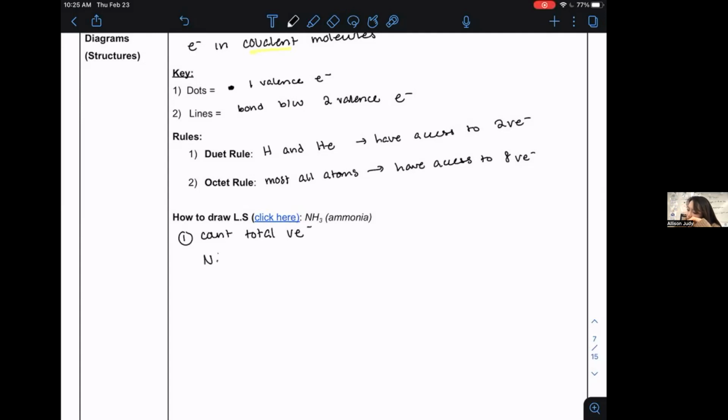So nitrogen starts with 5 valence electrons, and I have 3 hydrogens, which tells me that each hydrogen is going to bring in 1 valence electron. So right now I have a total of 8 valence electrons being shared within this molecule between the 4 atoms.